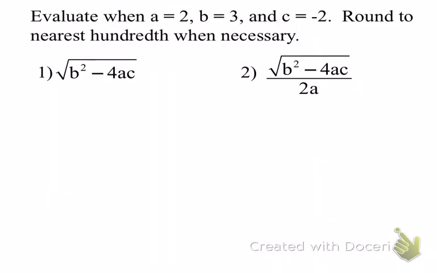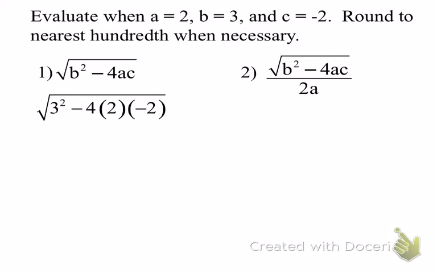Okay, next. Very quickly, this is just getting us used to using equations like this. These are pieces and parts of our quadratic formula. So when it says evaluate, we just substitute in, right? So if b is 3, I substitute in for b. Now, how do we do these kinds of problems?